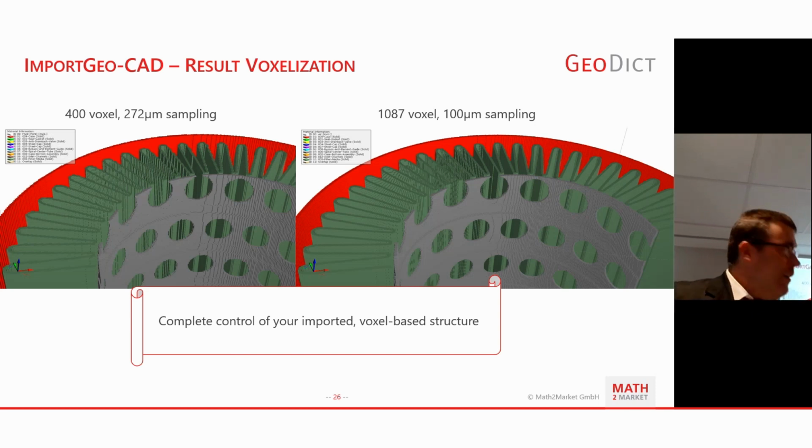On the left-hand side, a 400 voxel case, 272 micrometer sampling. You can already see that this discretization is kind of rough here. The tips of the valleys are small by design from the CAD structure, but there are not many voxels in between.